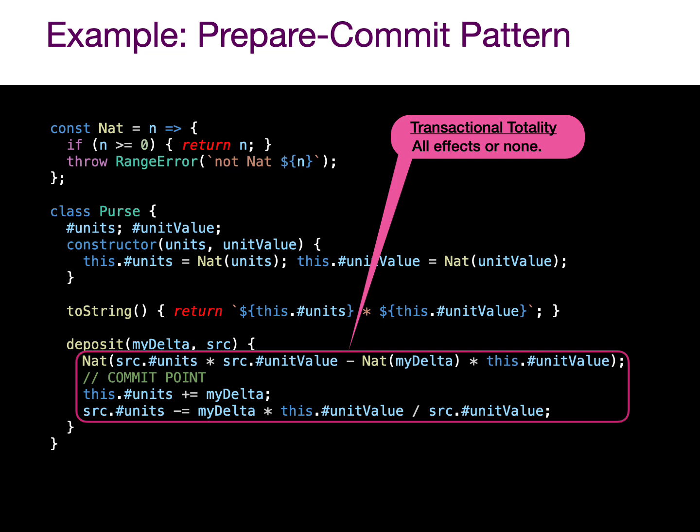The effects are that we're moving my delta units into this purse, the destination purse, withdrawing the worth of those units from the source purse. And we're trying to keep the total worth approximately conserved. So this is implementing the transactional totality using the prepare-commit pattern, which I do recommend.